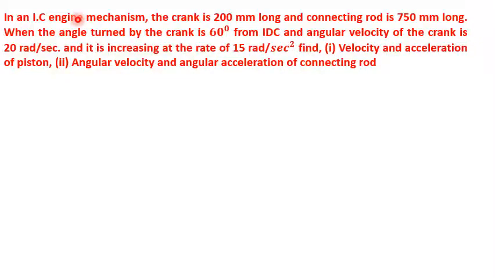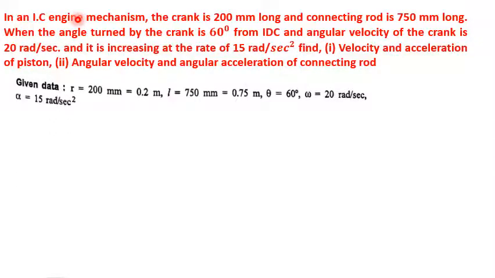So let us see how to solve this problem. First we have to extract the given data from the given statement. R, that is radius or length of the crank, is 200 mm. It is in millimeter, therefore after converting it into meter it becomes 0.2 meter. Then length of the connecting rod is 750 millimeter, therefore we can write 0.75 meter.